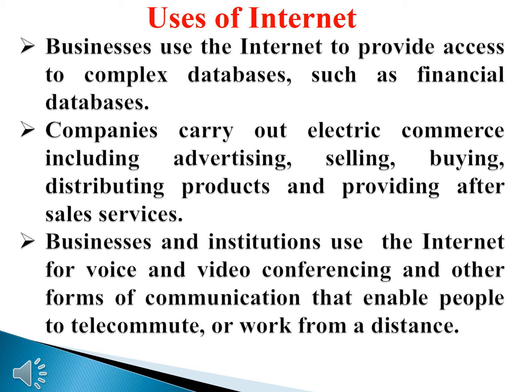Different companies are using the internet for voice and video conferencing over large distances. Different institutions are using the internet to communicate with different people. Nowadays we are also using the internet to share video lectures with students. So these are the different uses of the internet.